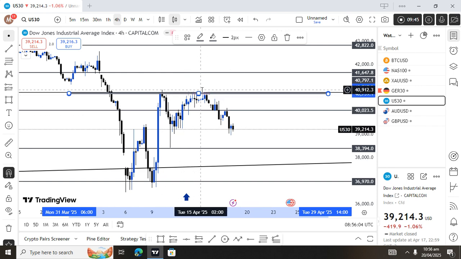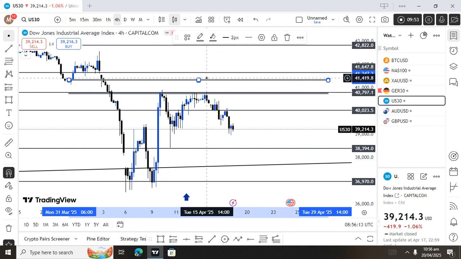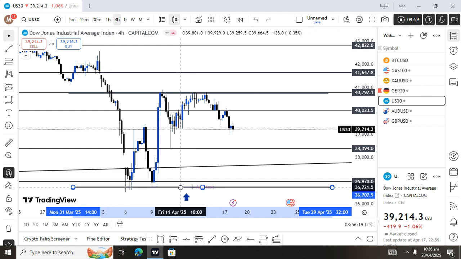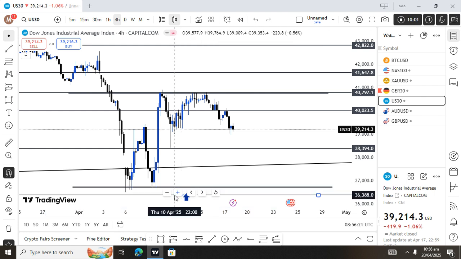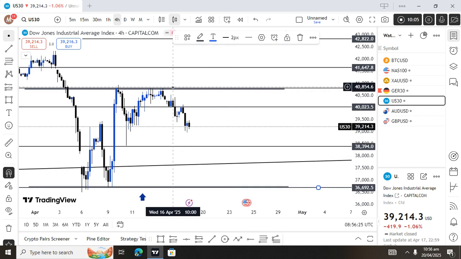You have a first touch and a second touch, meaning that we are marking our support and resistance right now. This is our resistance, and here we are looking for a support. This is our support. Let me shift this, because in the higher time frame it shows as weak. So now these are the two areas that we're expecting.